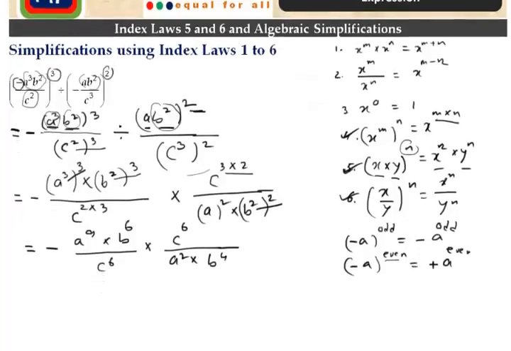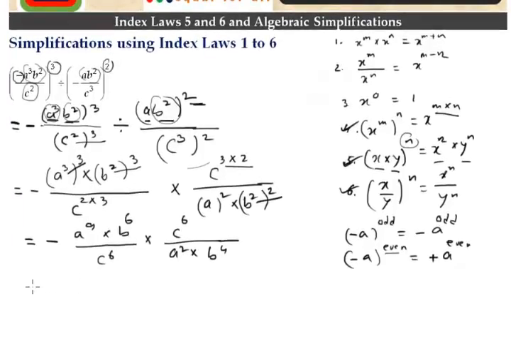So let us take a little bit more space. So here minus will remain as it is, so a to the power 9 and a square, they are division, because this one is at the numerator, this one is at the denominator, so they are division.